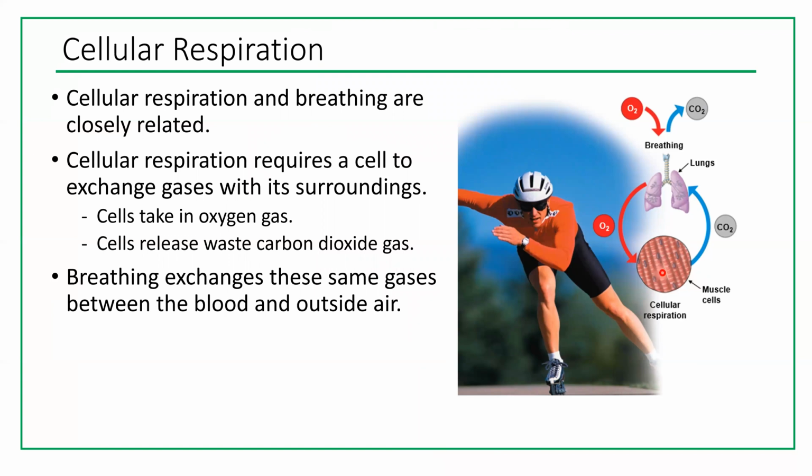Now inside these muscle cells, those cells will use this oxygen. So oxygen goes in, the same as breathing. Oxygen is used to oxidize glucose, and the waste product or byproduct is carbon dioxide. Carbon dioxide from your muscle cells moves back to your lungs and you exhale it, right? So that's your breathing, and this is your cellular respiration.